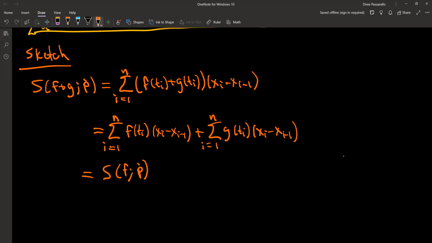All right, so we know that the Riemann sum of f plus g is equal to the Riemann sum of f plus the Riemann sum of g. And we know that these Riemann sums, one is approximately the definite integral of f, and the other one's approximately the definite integral of g, since we know these are Riemann integrable.